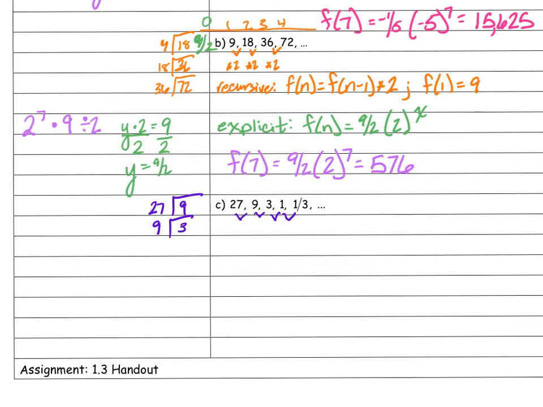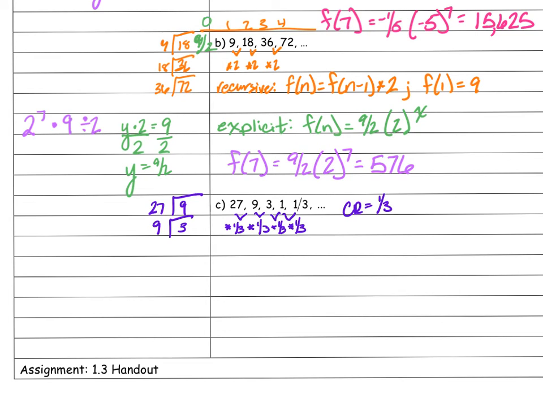If I put that in my calculator, I'm going to get 0.3333333, and it goes on and on. Well, what is that as a fraction? It's 1/3. So I'm multiplying by 1/3, or dividing by 3. 27 divided by 3 is 9. If I'm dividing by 3, that's the same as multiplying by 1/3. So my common ratio is 1/3.